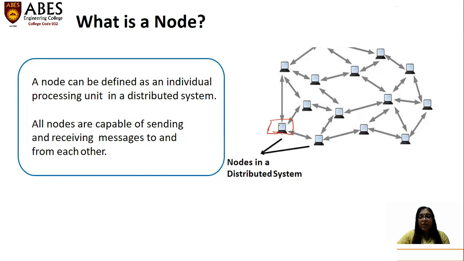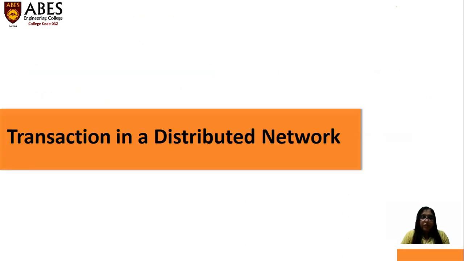Every node in a distributed system plays a very important role, because there is no third party or middleman. Every node has to play its own role as per the network.